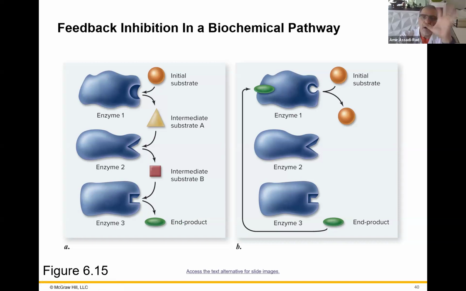It means the cell has enough of this molecule. We don't need it anymore. Stop. Just like a thermostat. Your cell made a whole bunch of these green oval-shaped products. You will see examples. Hang on.